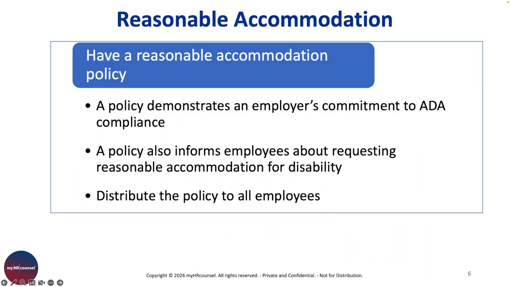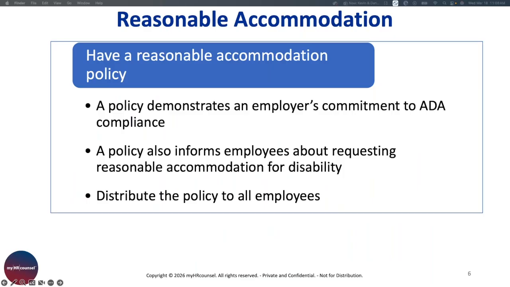It will be called upon as an exhibit if your company's ever facing a disability related claim, whether it's from a federal or state agency or from an individual applicant or employee or former employee as a plaintiff coming after your company. Your written reasonable accommodation policy is going to be an important exhibit for you, and it provides you with an argument that the company was aware of and made employees aware of the company's approach to handling ADA matters. So that's why that policy is important.